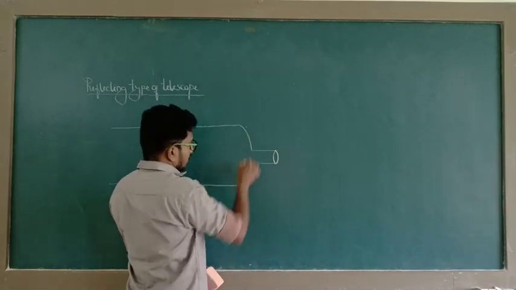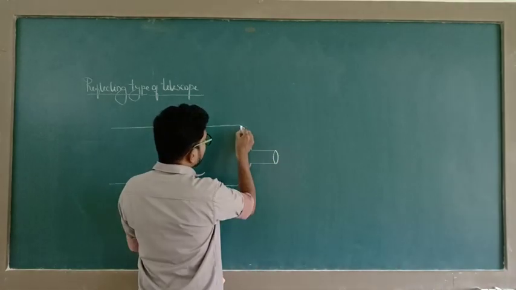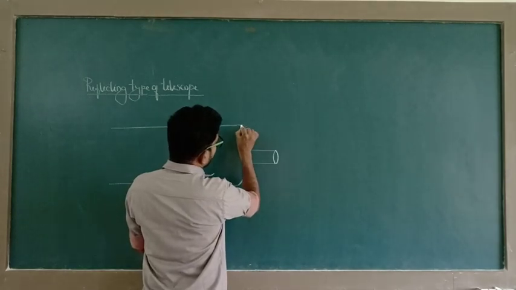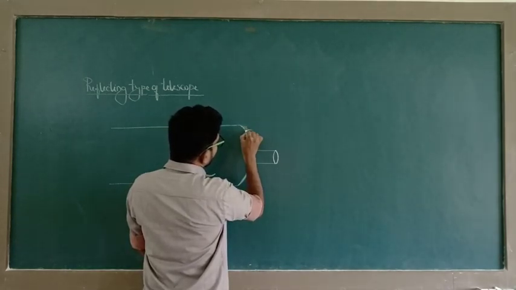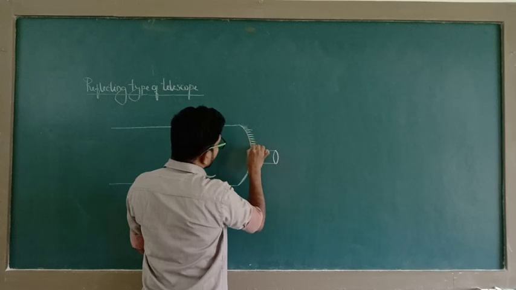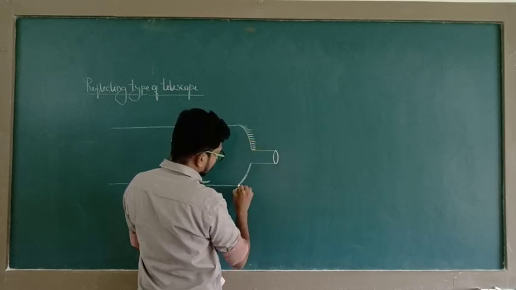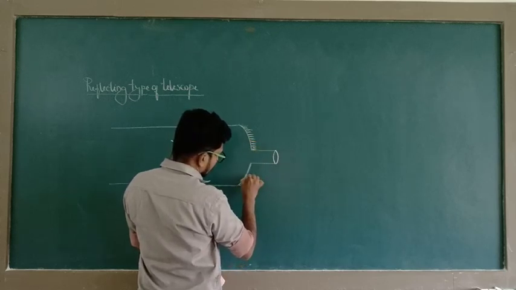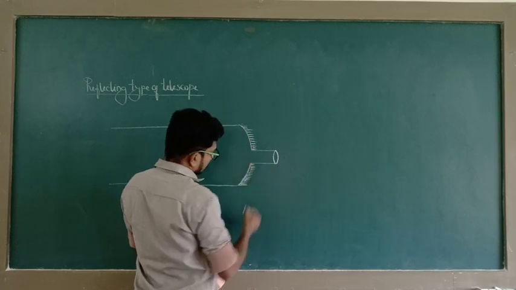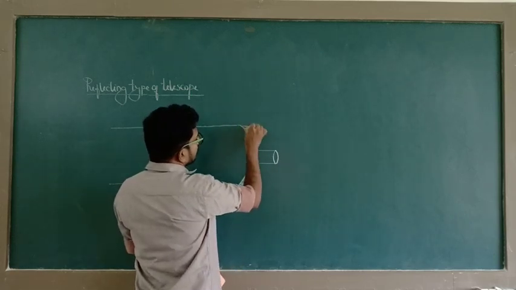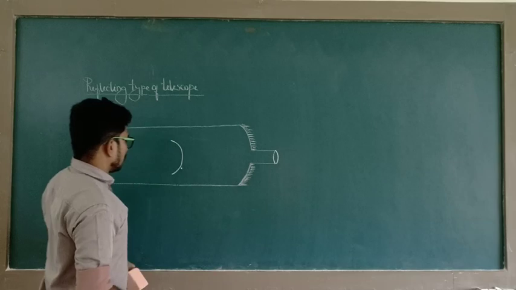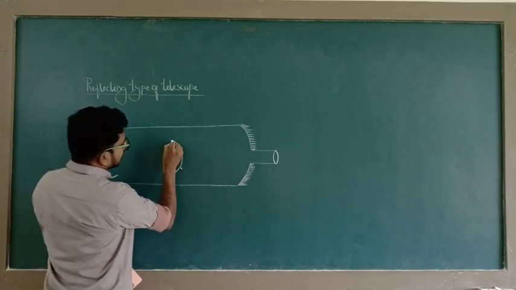So this is a concave spherical mirror. Opaque surface. So this is a convex spherical surface.